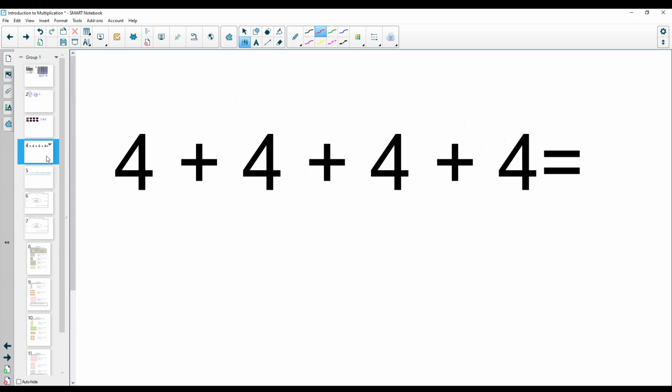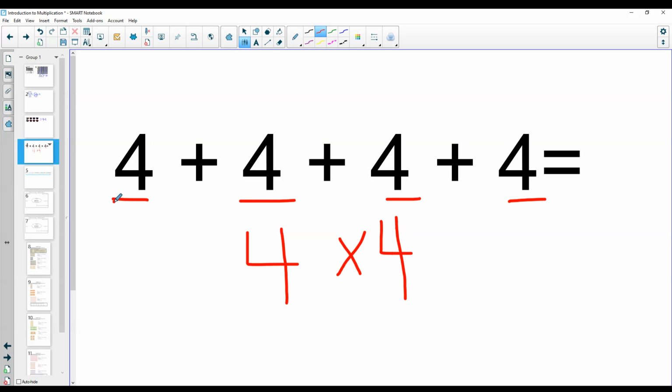So let's look at a problem like here. 4 plus 4 plus 4 plus 4. What multiplication problem is that showing us? Well, how many times did we add 4? 1, 2, 3, 4. This is the same as 4 times 4.